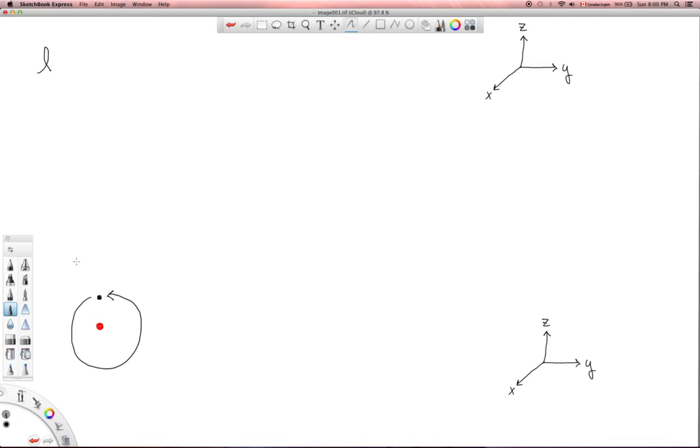Now, because I have a charged object that is accelerating, moving, it's going to have some sort of angular momentum.